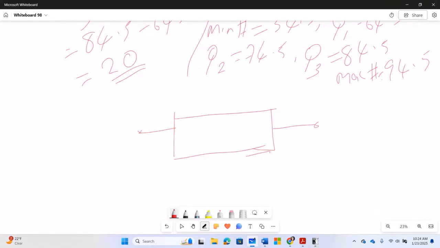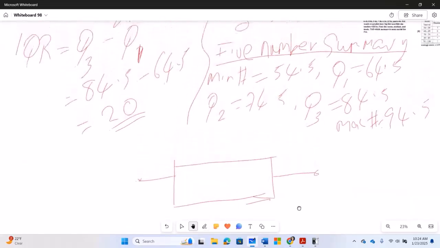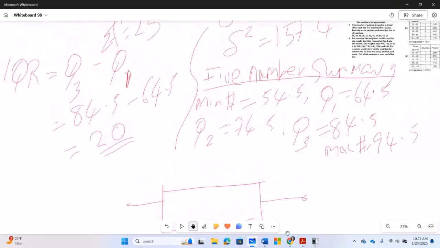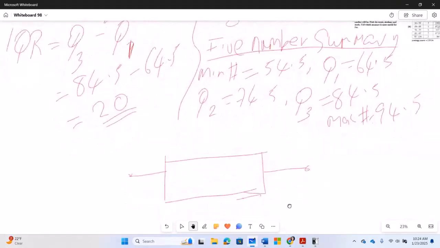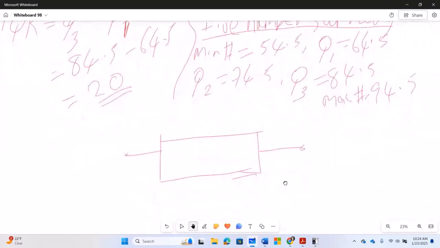I know the 5-number summary. The minimum number, we already know, is 54.5. The minimum number is at the tail of the box plot. The first quartile is 64.5.